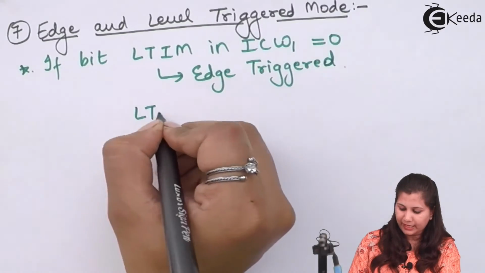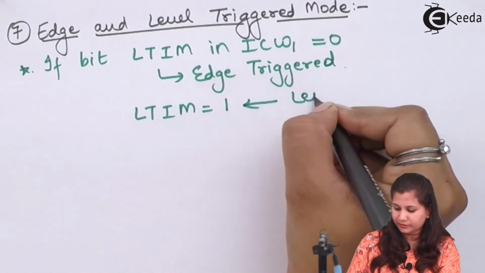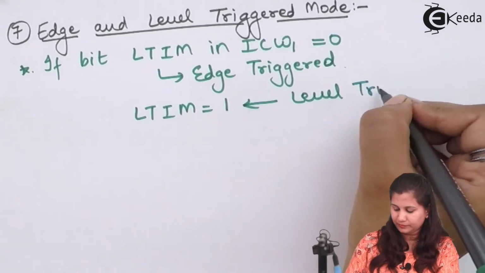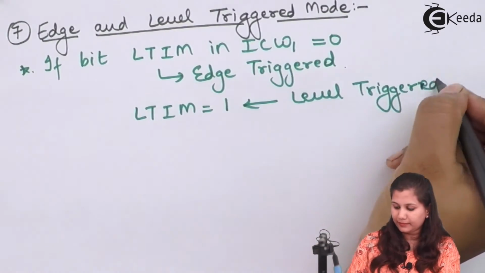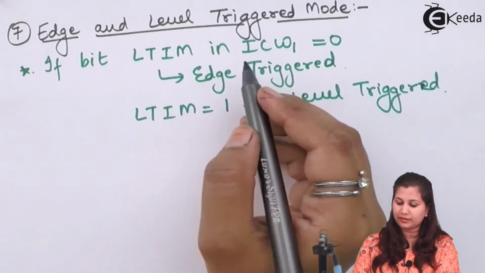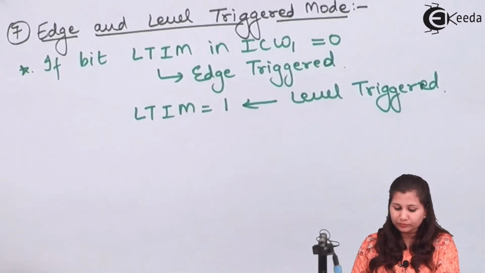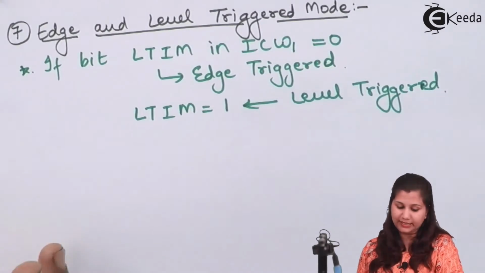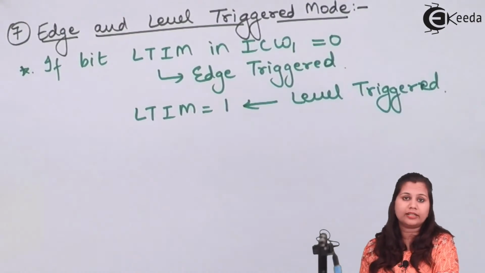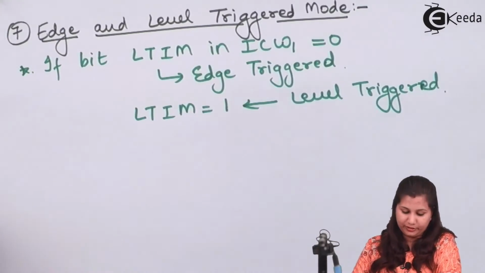And if LTIM is 1, then it is level triggered. So this triggering is decided by the LTIM bit in the initialization command word first. So this mode decides whether the interrupt is edge triggered or level triggered.